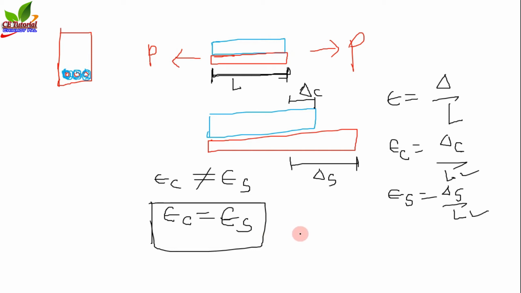This is called compatibility of strain. That means for a particular load, for different types of material, the strain is same. Epsilon C and epsilon S both are same. This is called compatibility of strain.